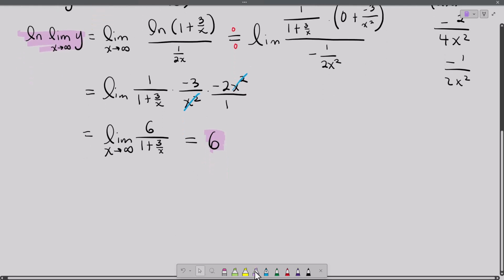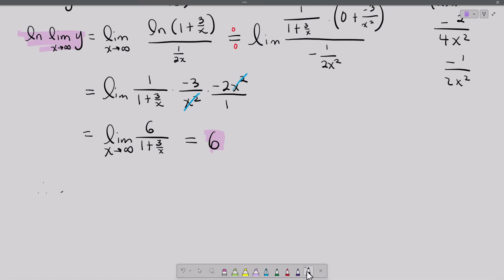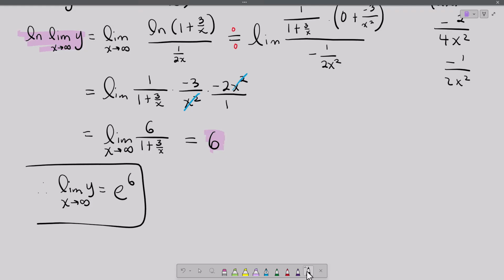Limit of y is what our goal is. So therefore, the limit of y as x goes to infinity is e to the 6. So that's how to do the log limit process.